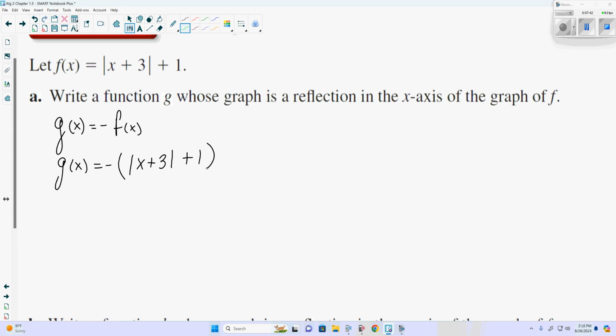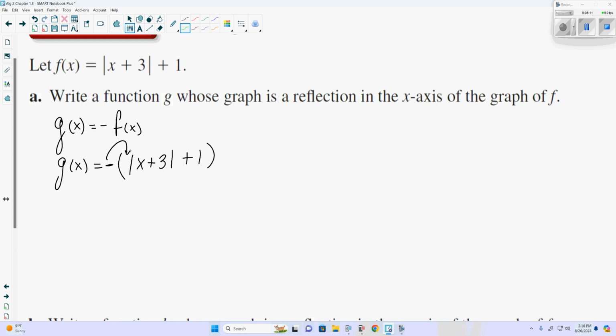Now, in some of the problems we've done up to this point, we really didn't need the parentheses because we ended up dropping them and nothing changed. Here we do need the parentheses because that negative 1, we just write it as a negative, is going to have to be distributed through the whole function to every term. Now, the first term we're going to distribute this to is the absolute value. Now, we're not multiplying the x plus 3 by the negative 1.